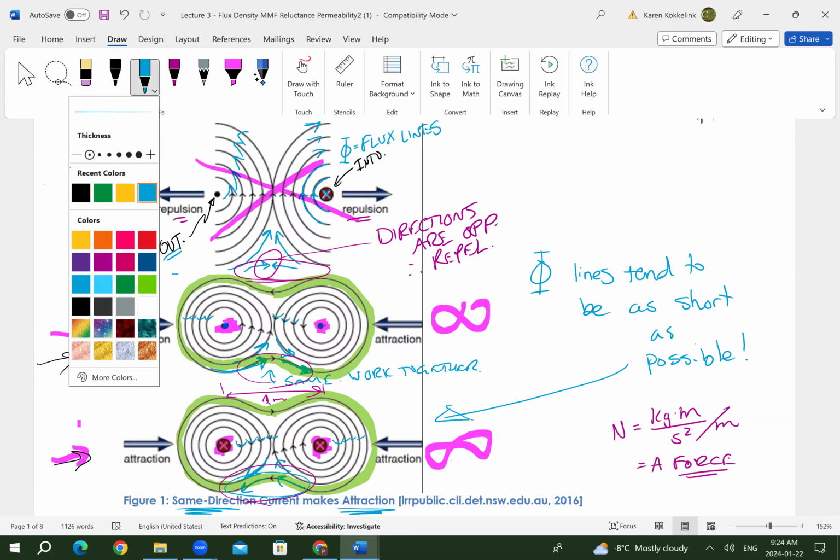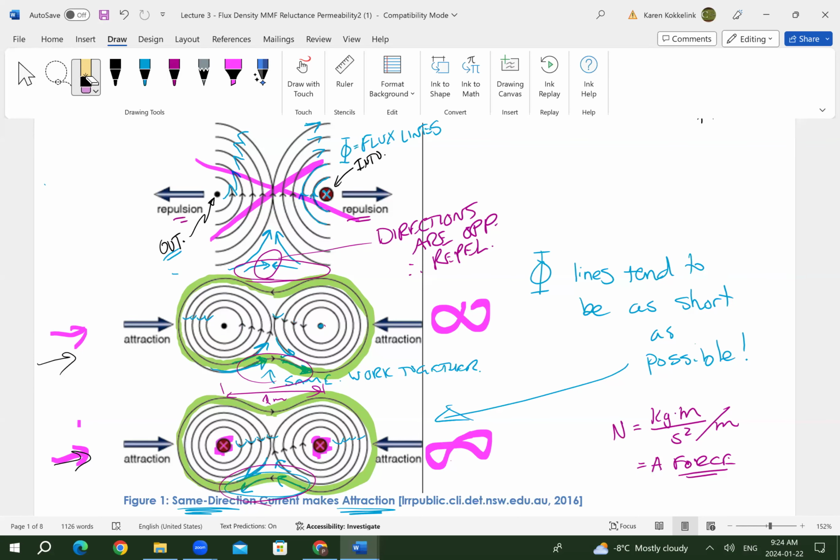So now I need to clean things up a little bit so that I can show the force. What the definition of the amp is, it's the force that got produced here, because when these green bands try to be as small as possible, these flux lines try to get as small as possible, that produces a force. I like to draw forces like this. This is a vector. It just means that it also has a direction. So there's the force that is created.